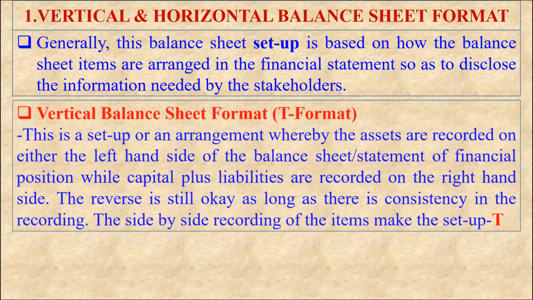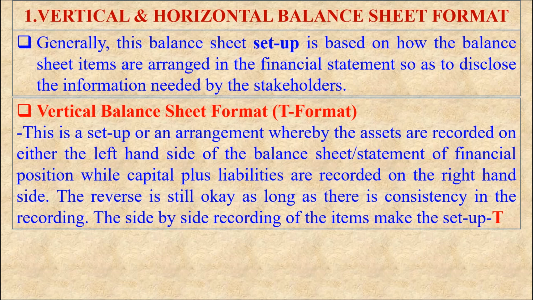So under these 2 categories, I'm starting with the vertical balance sheet format, which is also referred to as a T format in accountancy. Now, vertical balance sheet format is a setup or an arrangement whereby the assets are recorded on either the left-hand side of the balance sheet, what we actually call statement of financial position, while capital plus liabilities are recorded on the right-hand side.